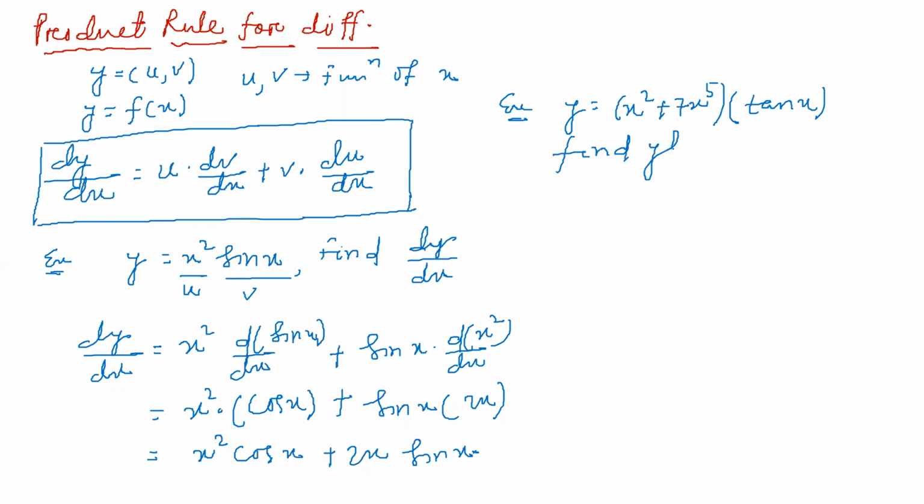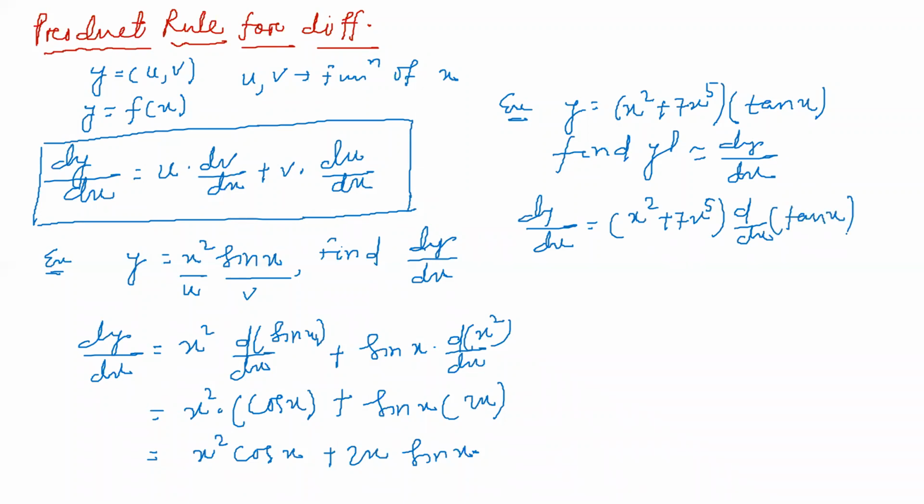First keep u constant, that means the term x square plus 7x to the power 5 constant, then d by dx of tan x. Plus tan x will be kept constant, and d by dx of x square plus 7x to the power 5.